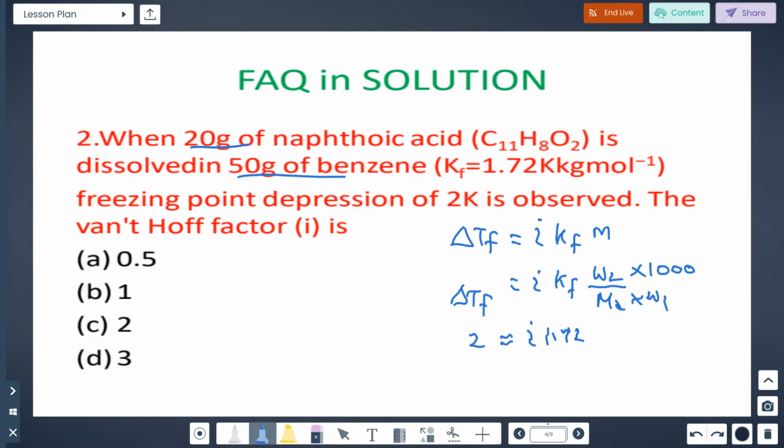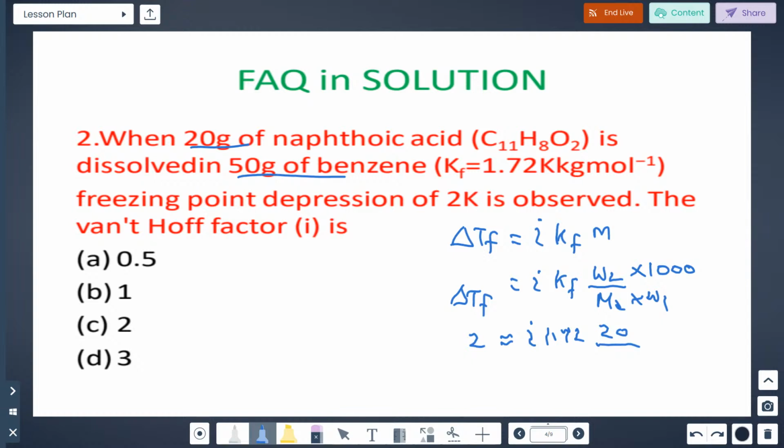So W2 is nothing but 20. Then for naphthoic acid, they have given the formula C11H8O2. So you have to multiply all this. Carbon 12, hydrogen 1, oxygen 16.